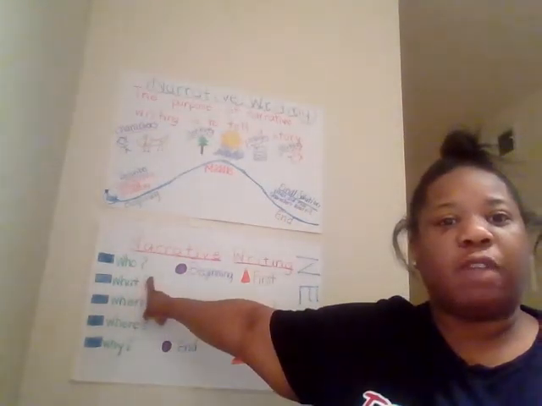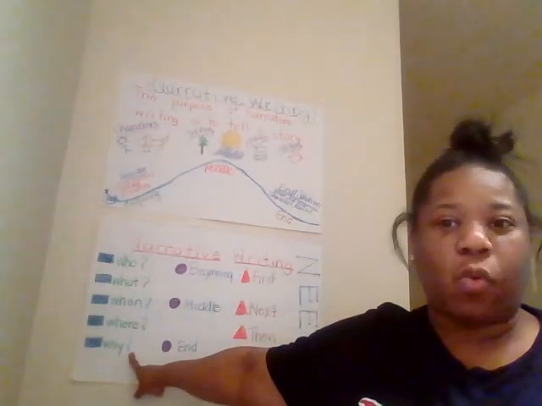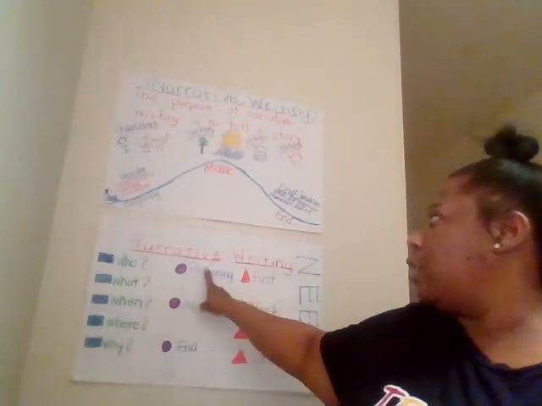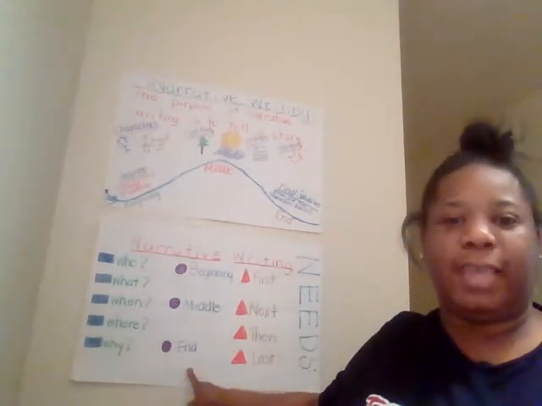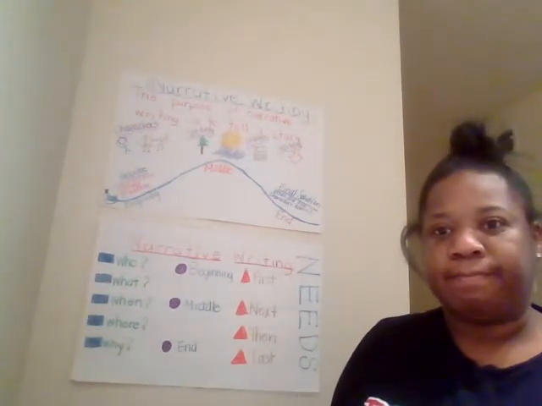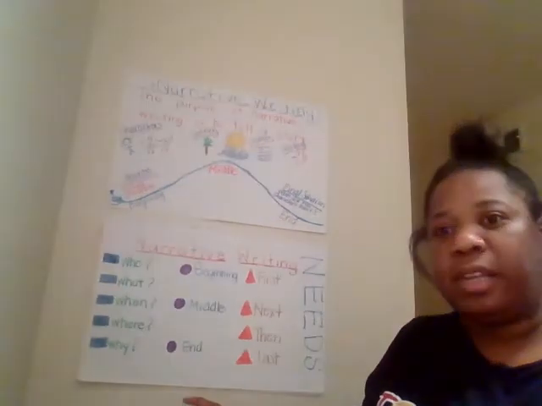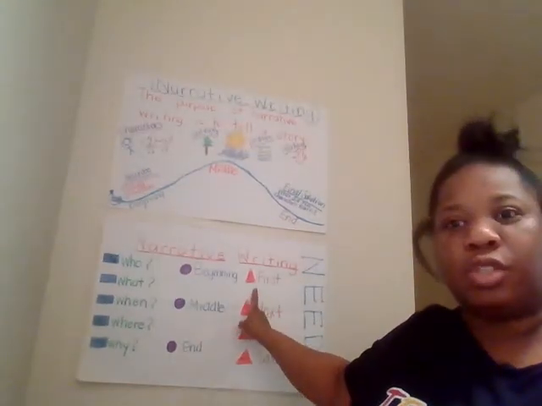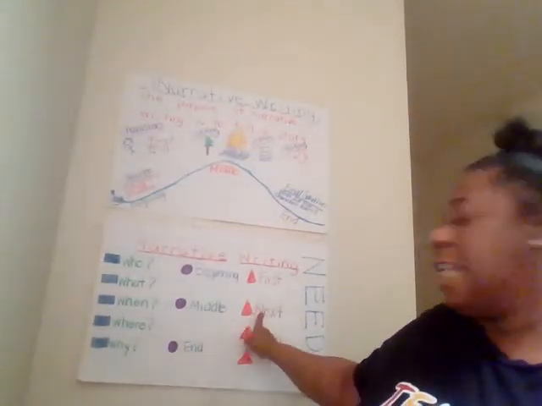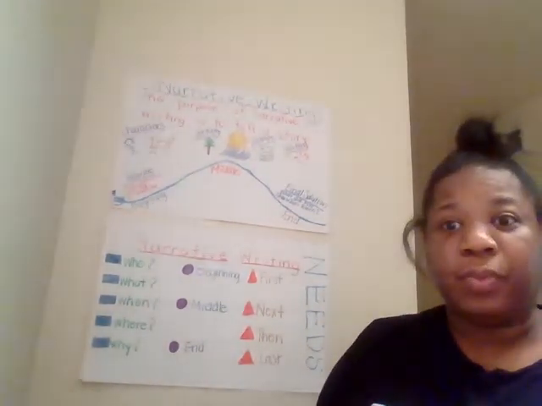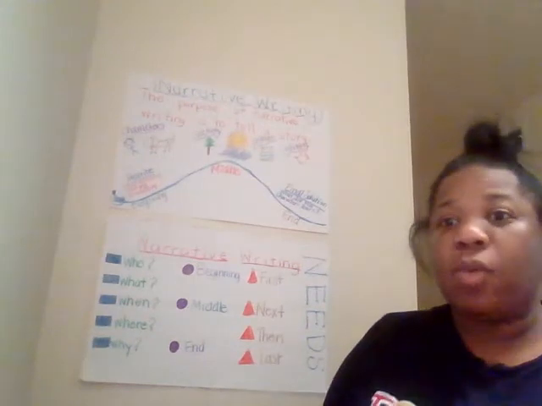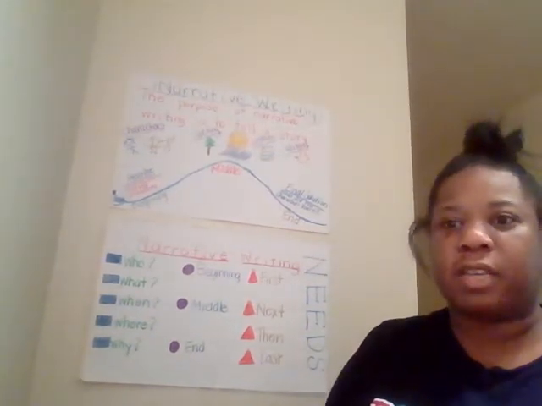As the story starts to unfold using these five questions, you start to understand the beginning, middle, and end of the story. And often when you're reading, you'll see transitional words. You'll see first, next, then, and last. So, let's get into it. We want to write our own narrative story.